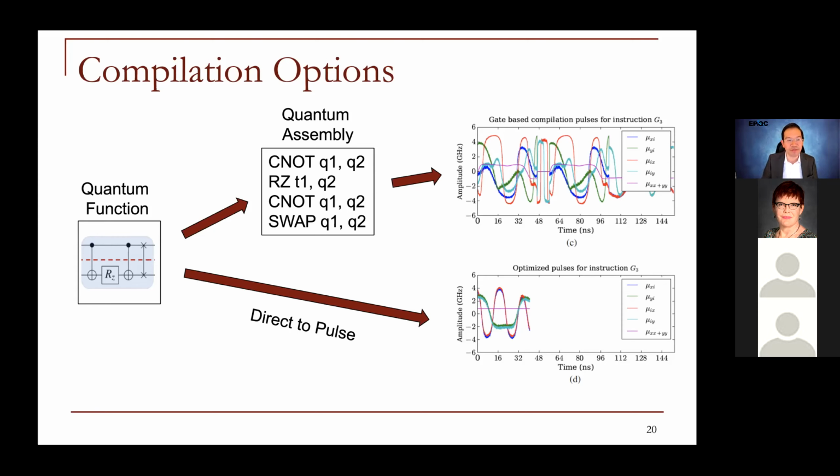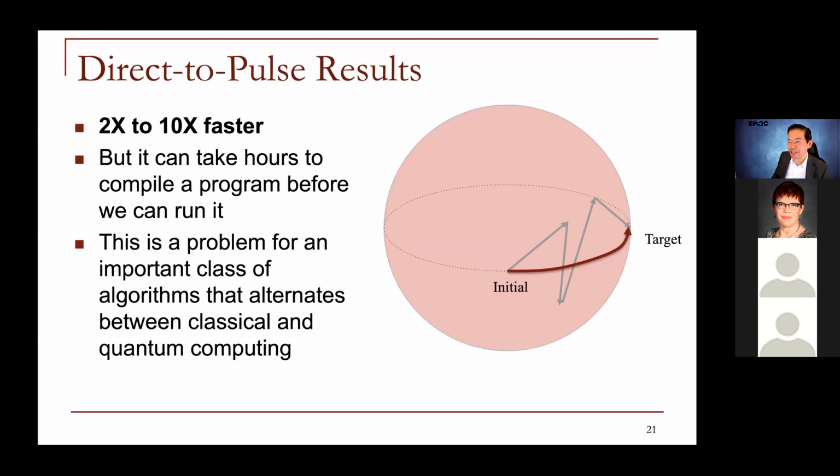But what we find is if instead we treat this little circuit as an input-output function, and we feed it to an optimizer, in this case, the GRAPE gradient ascent optimizer, we can go directly to a pulse implementation, which is significantly simpler and shorter on the bottom right. And the result is we get a pulse sequence that is about 2 to 10x faster.